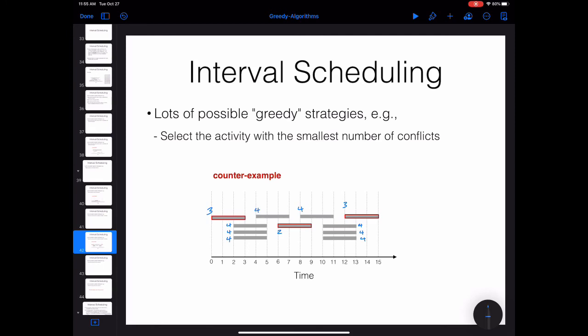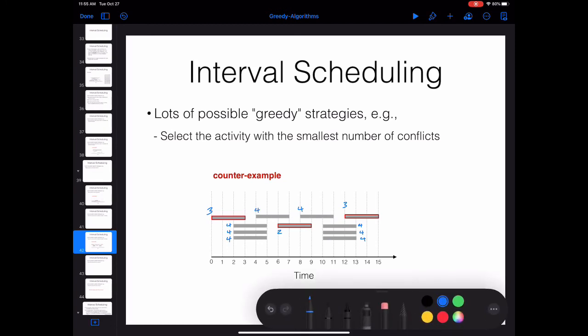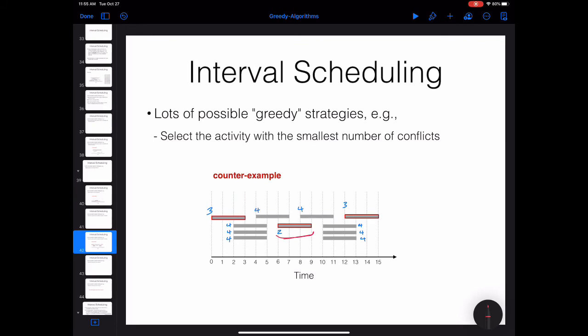It tells me to start from the smallest number of conflicts. So this is going to take this job, right? After that, it is going to choose this one, then it is going to choose this one. And you cannot take anything else because all other jobs are going to have conflict with these.